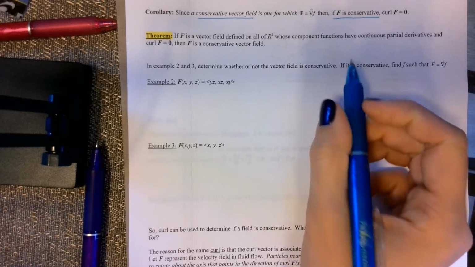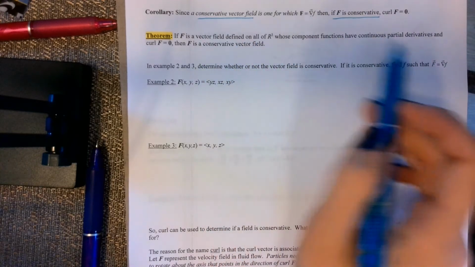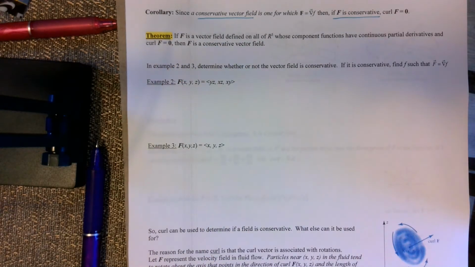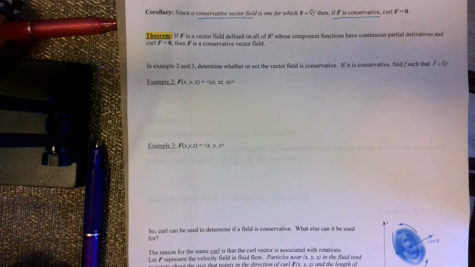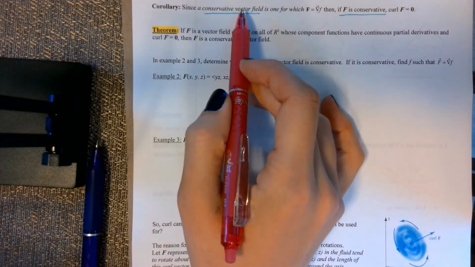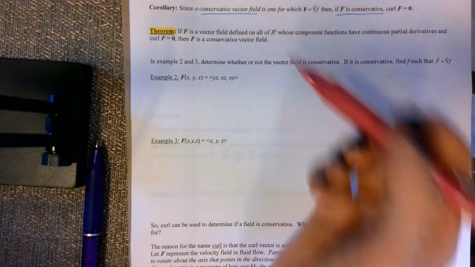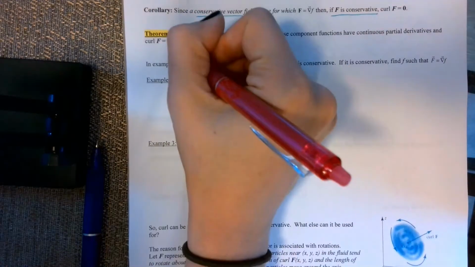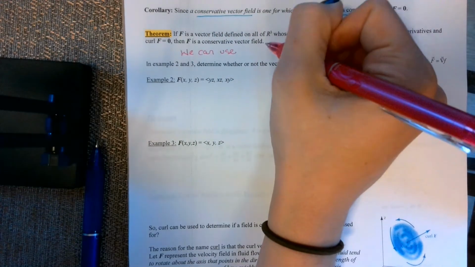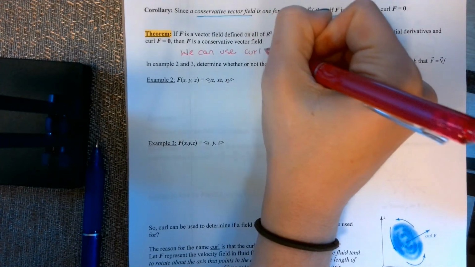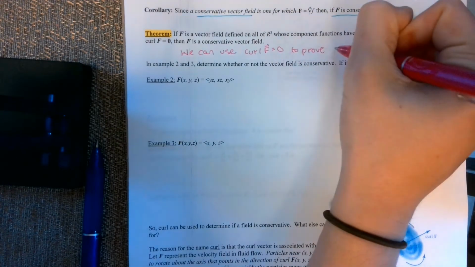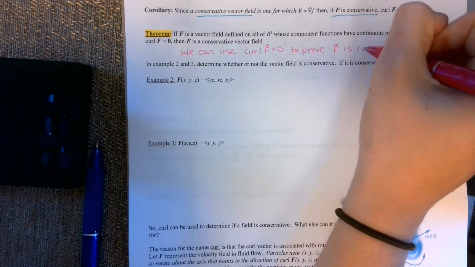Also, if it's a vector field and I can prove that the curl of the vector field is 0, then it has to be a conservative vector field. What I want you to take away from this is that theorem. This corollary is based on a definition that we're reviewing right now, but these say basically the same thing. It goes in either order. So note to yourself that we can use the fact that the curl of a vector field F is equal to 0 to prove that the vector field is conservative.